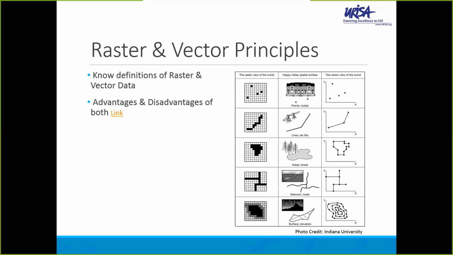It would be represented by specific cells in a raster. And then in the vector view, there'll be points. So as you can see on there, a raster can very easily generalize what you may not want generalized.